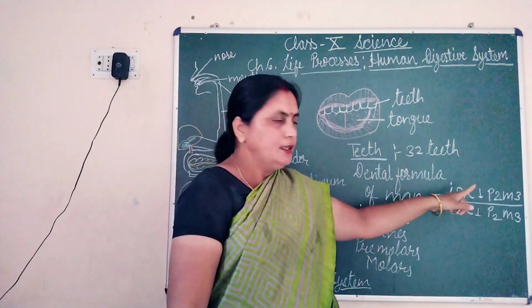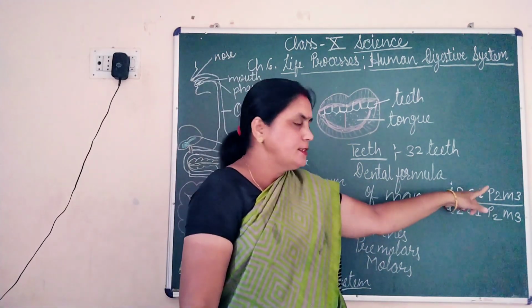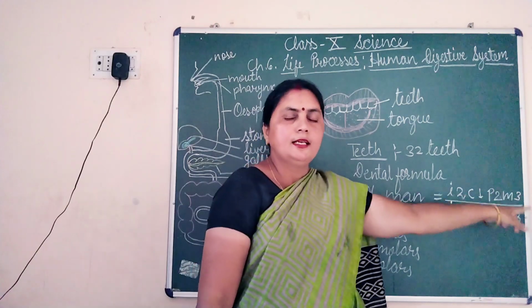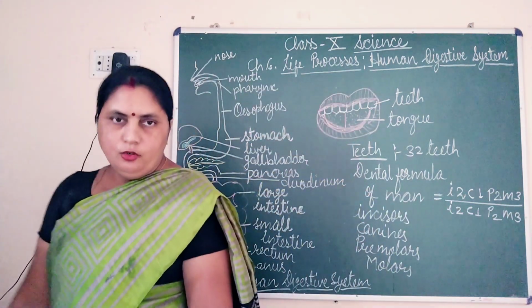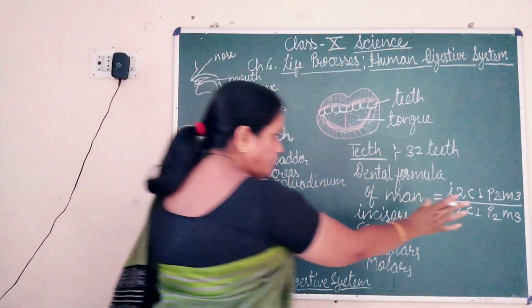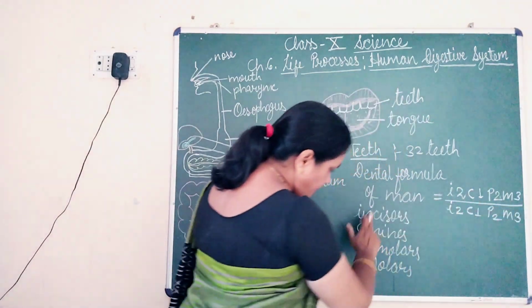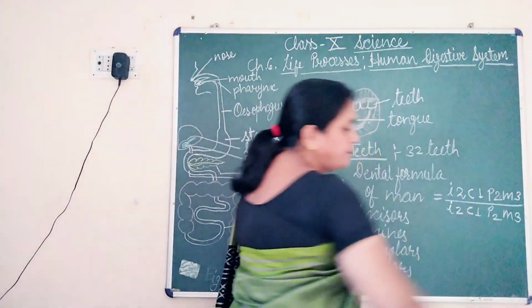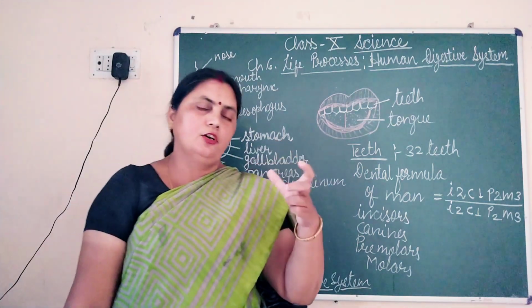I incisors, C canines, P premolars, and M molars. So this shows the type of teeth and also the number of teeth in half of the jaw.